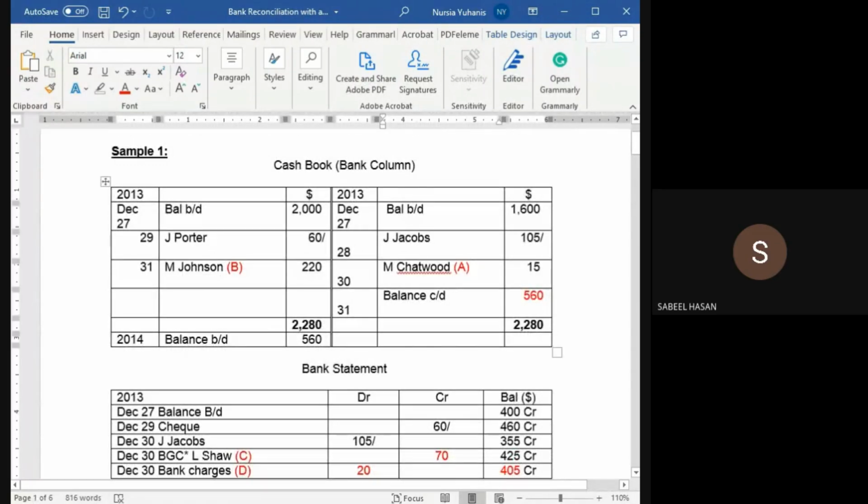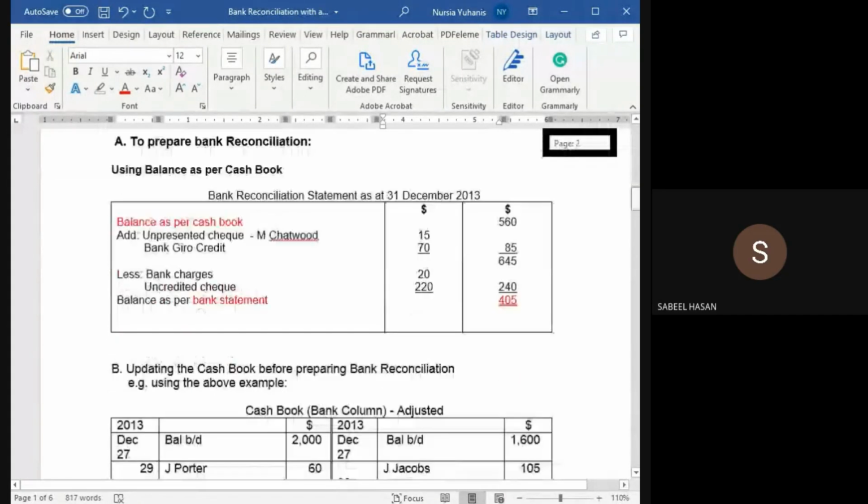Okay, this side is unpresented check. So that one you put as here 15.